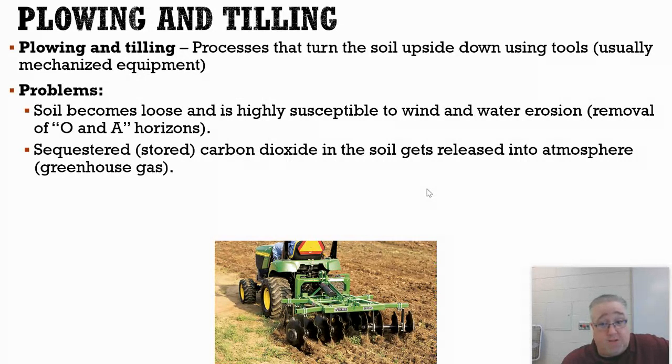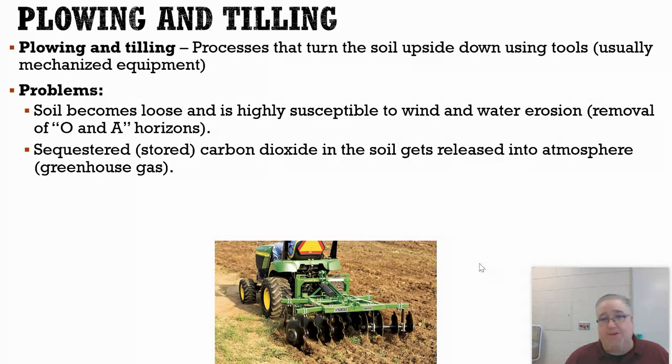When plants respirate, mainly at their roots, they release carbon dioxide gas into the environment, and a lot of that CO2 gets trapped in the soil. So when we turn the soil upside down, we're actually releasing that sequestered, stored carbon into the atmosphere, right? And that's a greenhouse gas. If that goes up into the air, that is not good.